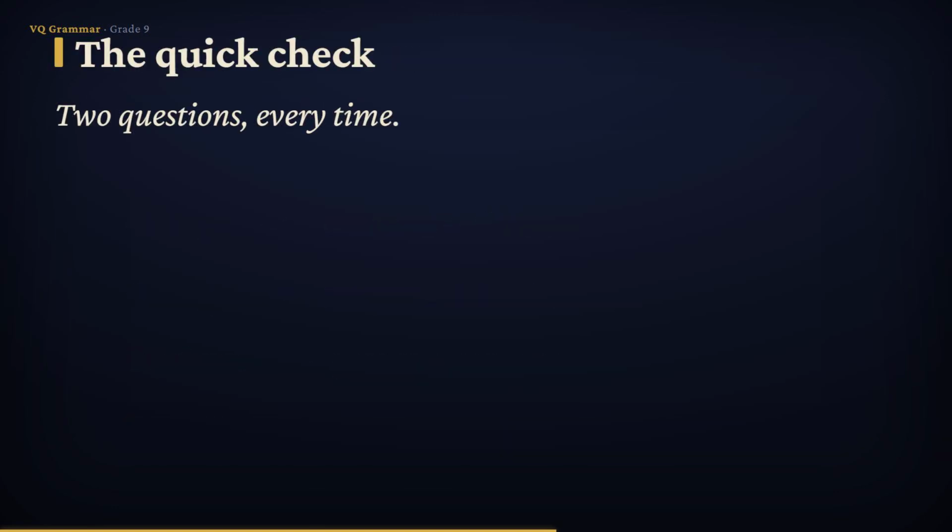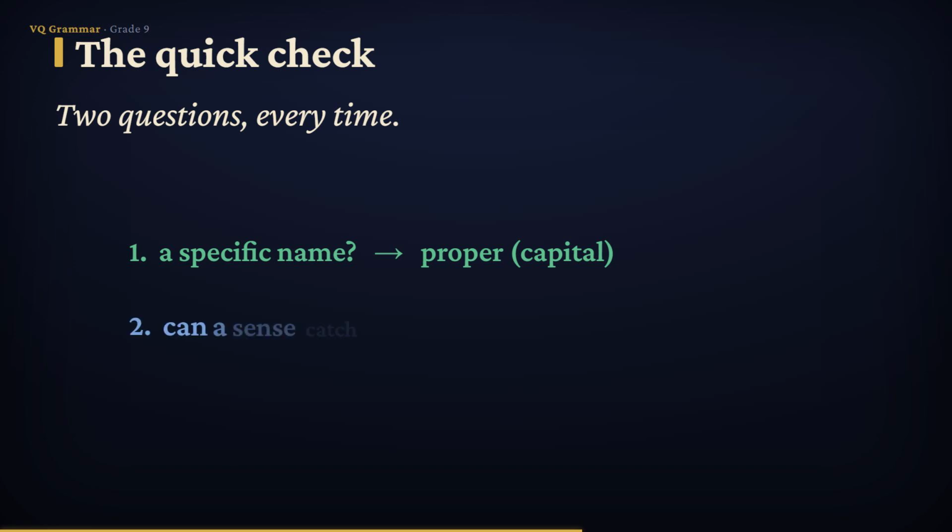Let's turn that into a quick check you can run on any noun. First question, is it a specific name? If yes, it's proper, and it needs a capital letter. Second question, can one of your senses catch it? If yes, it's concrete. If not, it's abstract.